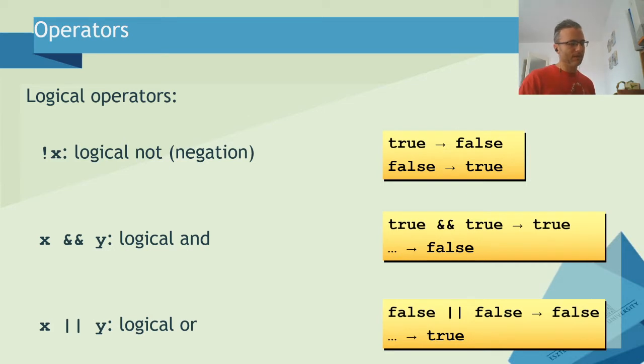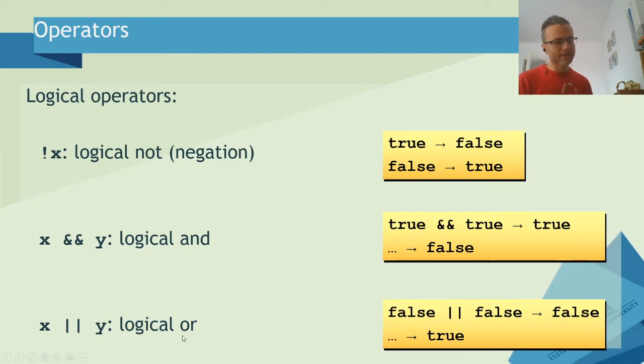And of course, both conditions must be true together. This is what logical AND means. Only in this case, the entire condition will be true. If any of the two conditions are false, then the whole logical AND condition becomes false.